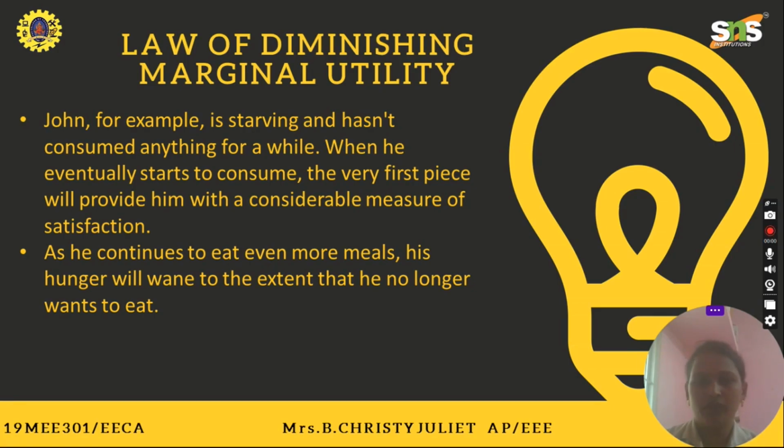John is starving and hasn't consumed anything for a while. When he eventually starts to eat, the very first piece will provide him with a considerable amount of satisfaction, pleasure, joy, whatever word you like. But as he continues to eat more, his hunger wanes to the extent that he no longer wants to eat. It happens to everyone.